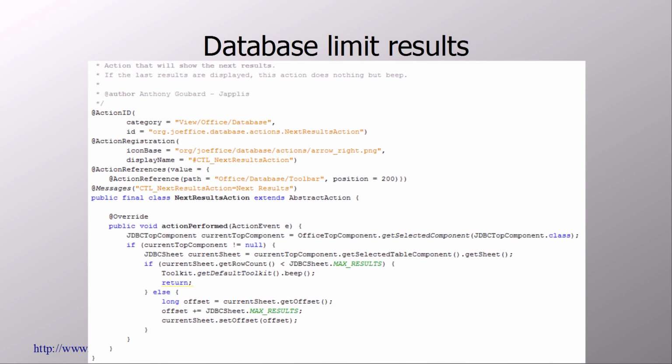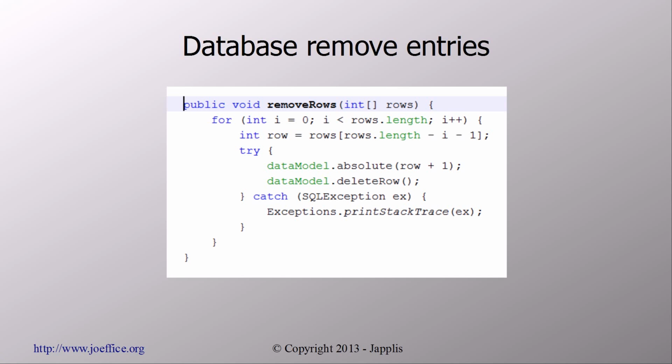So here we've changed the SQL query to limit to a certain number of results. I've also added an action today to enable the possibility to delete an entry from the database. So you can select the row and delete it.